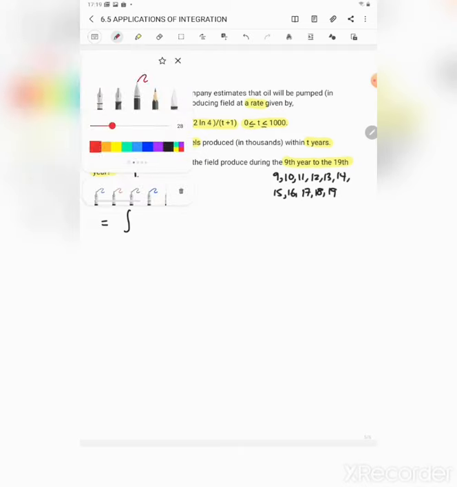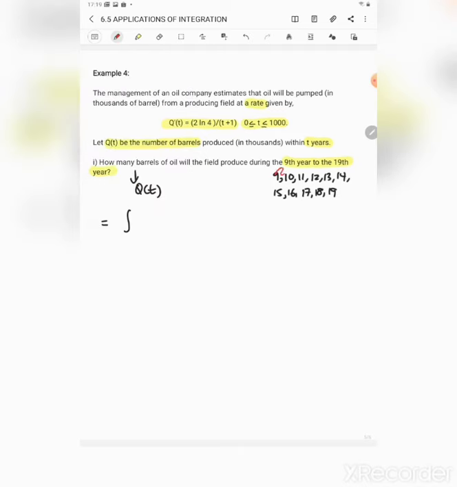So we know that the gap from 9 to 19 is 1, 2, 3, 4, 5, 6, 7, 8, 9, 10, 11. So meaning that the gap is 11 years. To determine the limit, you have to understand the concept F(b) minus F(a).